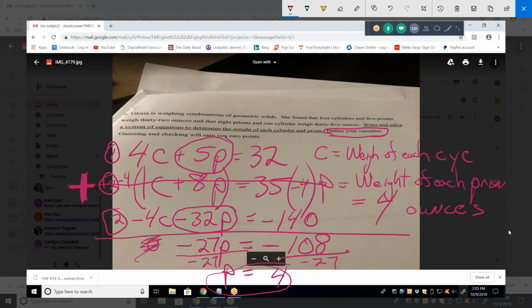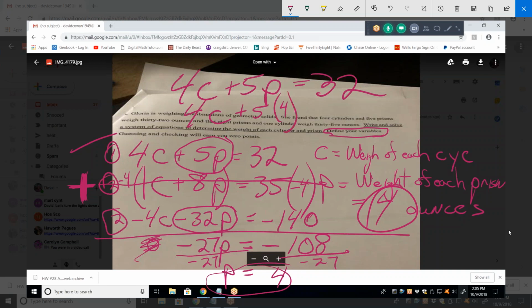Okay. So for our example, let's use that one. I've got 4c plus 5p equals 32. And I'm going to plug in p of 4. So that means 4c plus 5 times 4 equals 32.